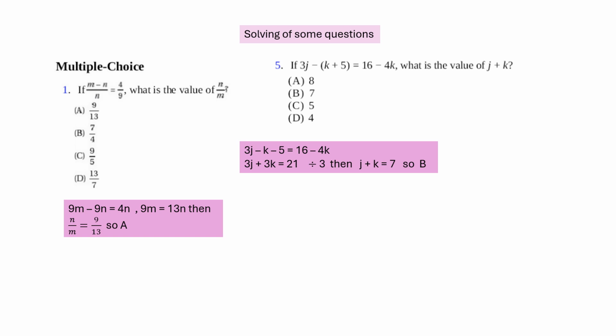So 3j minus k minus 5 equals 16 minus 4k as itself. So combine k and j on the left hand side. 3j plus 3k equals 21. Surprise, because you just divide by 3 to get j plus k equals 7. But if you use a scenario, you can't imagine all of these steps. Okay, so the answer will be B.